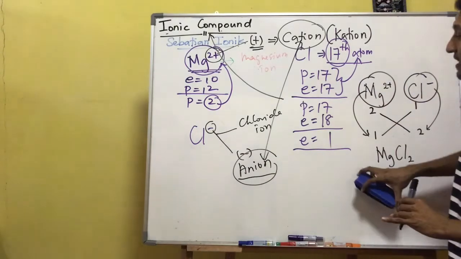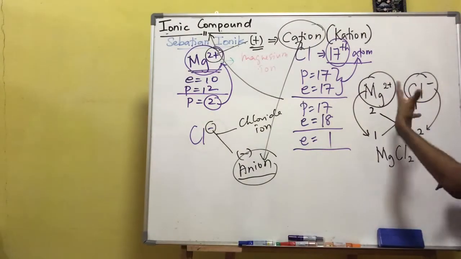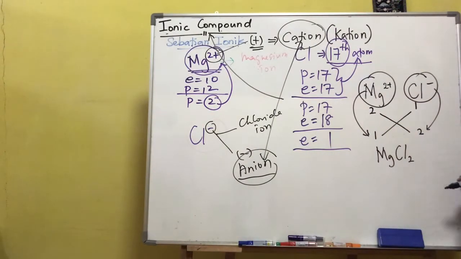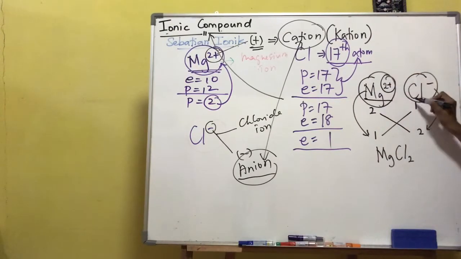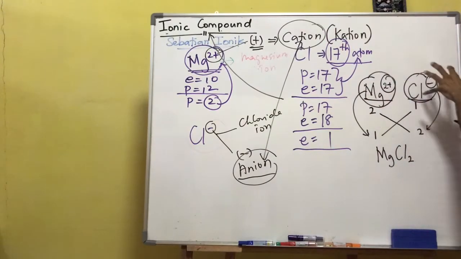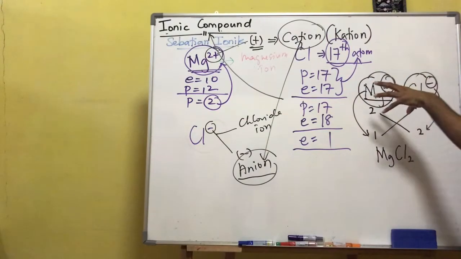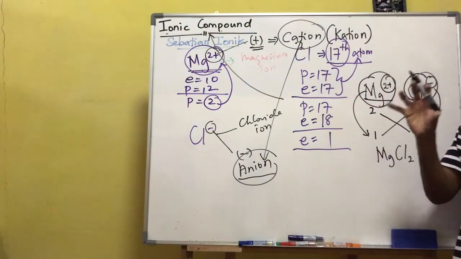Okay, there is another way which is the mathematical method. So how is it going to be? So like I said, Mg is 2 plus and Cl is negative. These two are ions. Kedua-dua ini adalah ion. Jadi bila ion berjumpa dengan ion, dia ada charge yang berbeza.